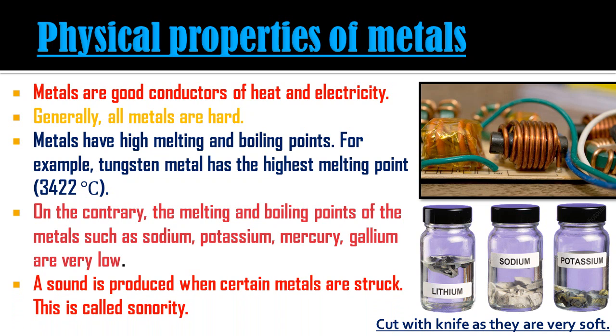And a sound is produced when certain metals are struck. This is called the sonority of metals, and these metals are known as sonorous metals as they are able to produce sound when struck. So this is sonority. These are all the physical properties of metals.